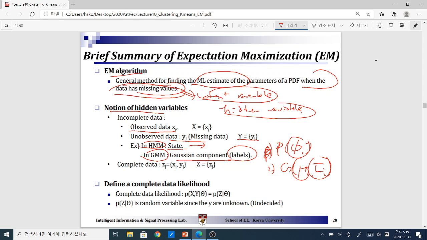These are the parameters which essentially are hidden, and we don't really have that information. Because each sample, say x of i, doesn't carry information about which Gaussian it came from, that's exactly the information that we are trying to model and then estimate by means of this expectation maximization.